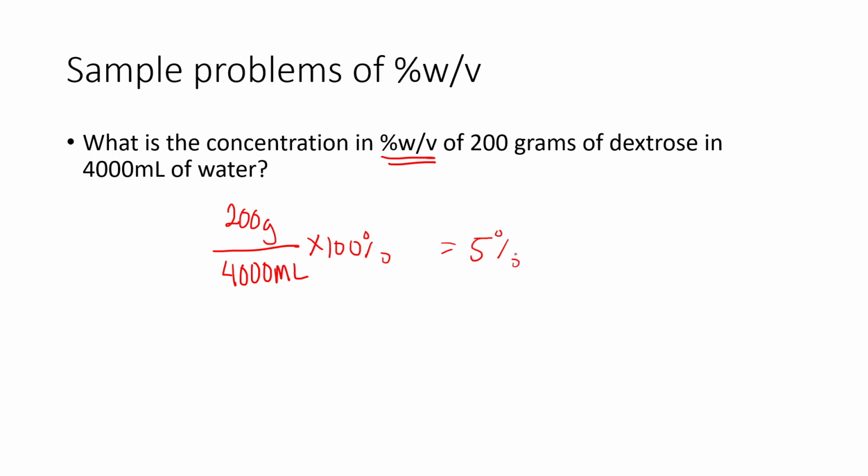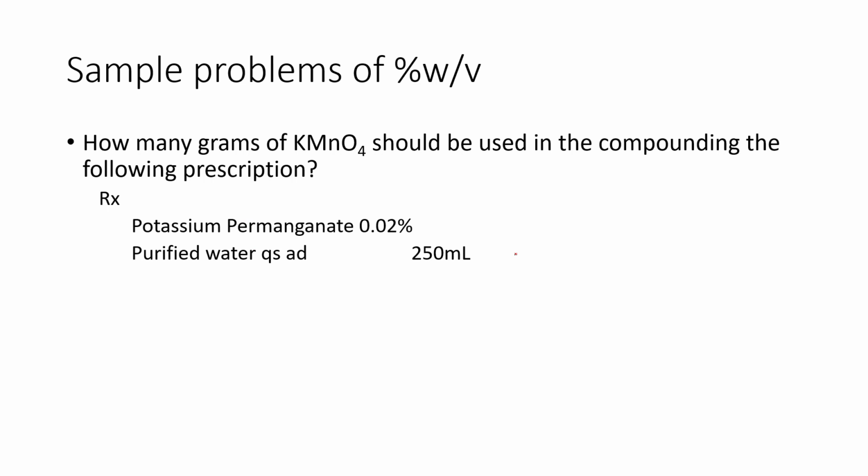Okay, next, how many grams of potassium permanganate should be used in compounding the following prescription? Potassium permanganate 0.2% and purified water QS add 250 ml. So the question here is how many grams of potassium permanganate? Remember the formula from earlier: grams per ml times 100 equals the final concentration.